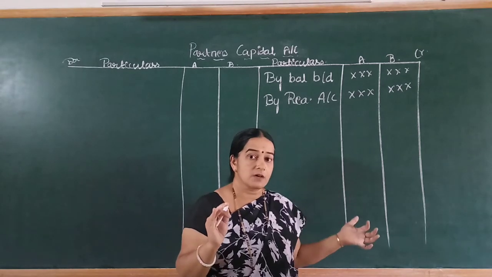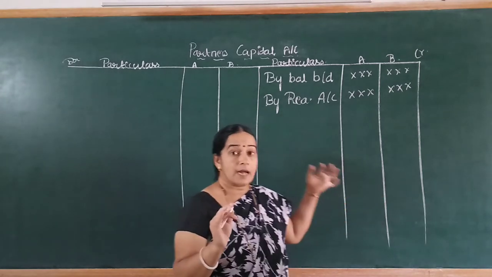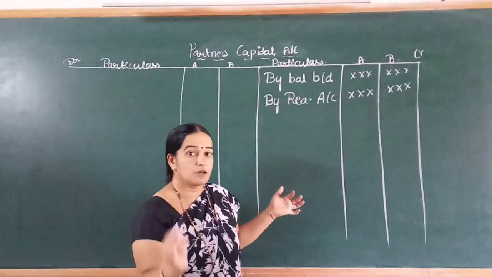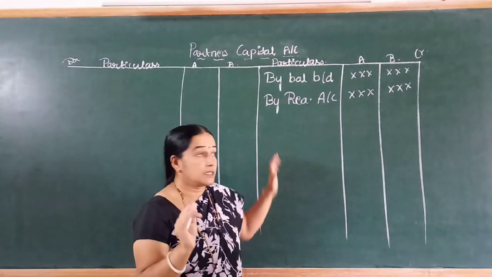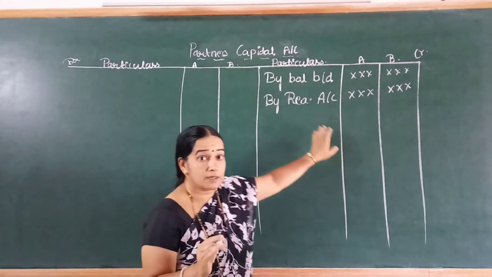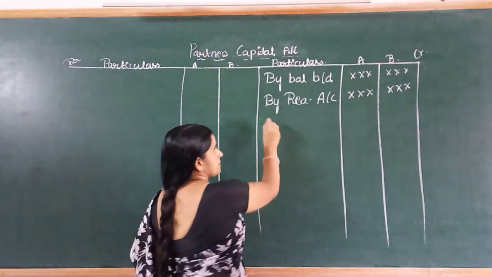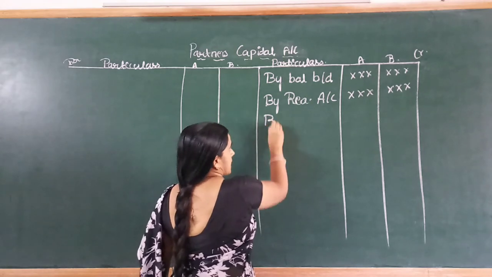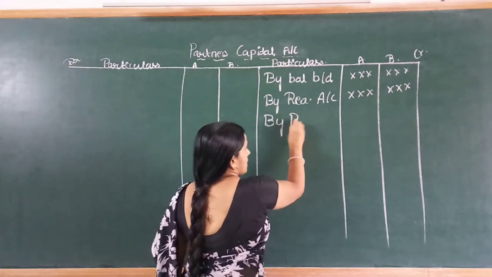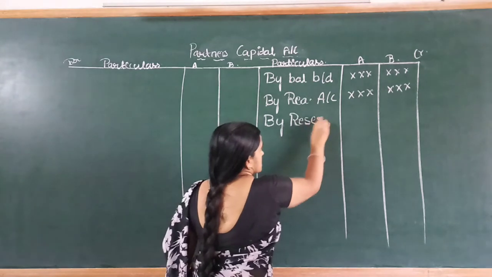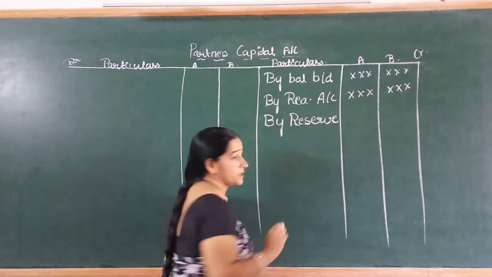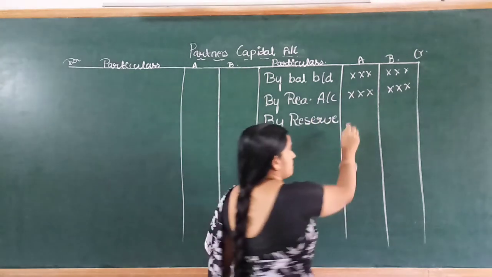So the general reserve or reserve fund will be distributed among the partners in their profit sharing ratio, whatever that ratio is, between A and B.